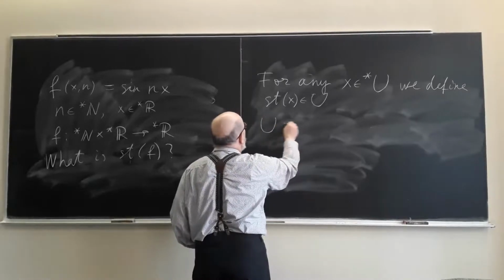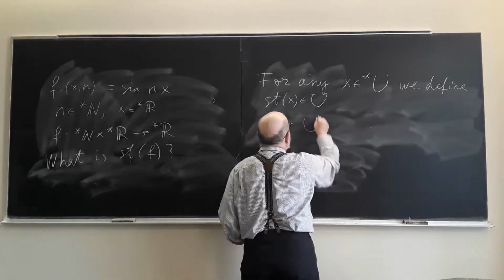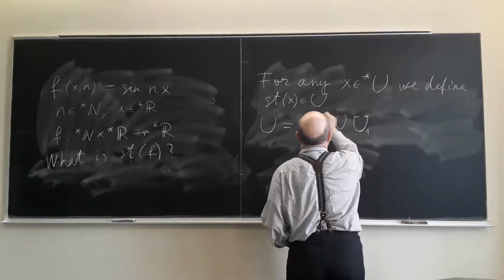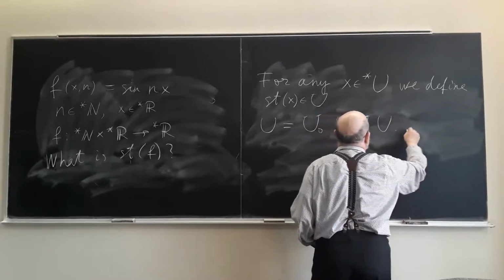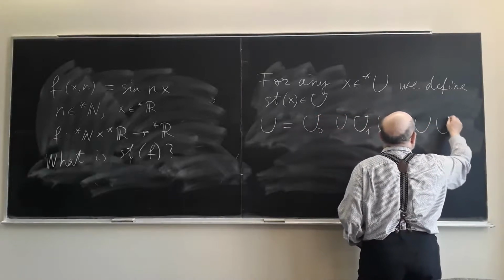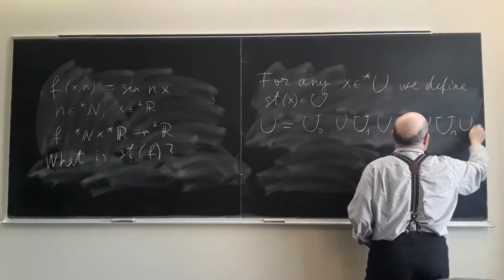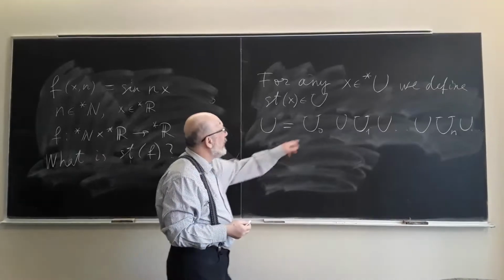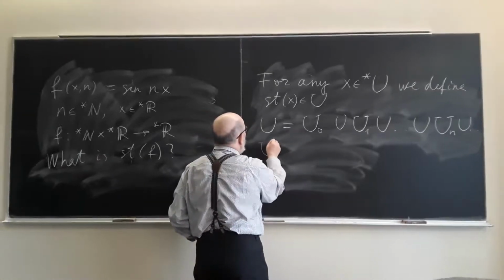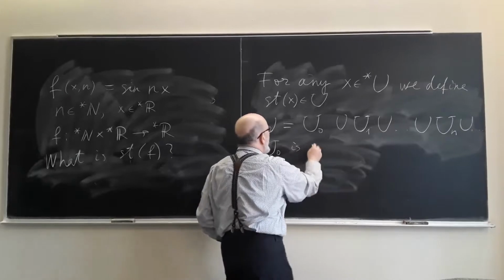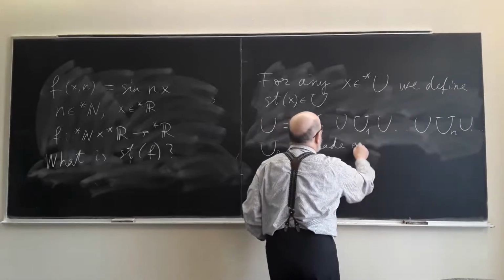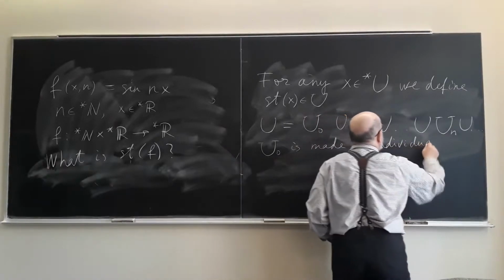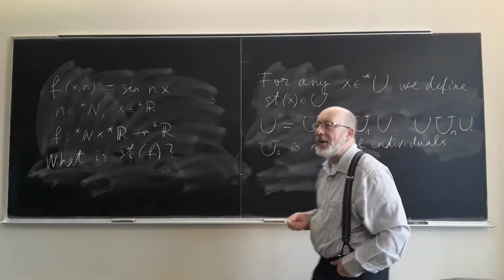U equals U0 union with U1, and so on, UN. It is the union of different levels. U0 is made of individuals. So individuals are not sets.